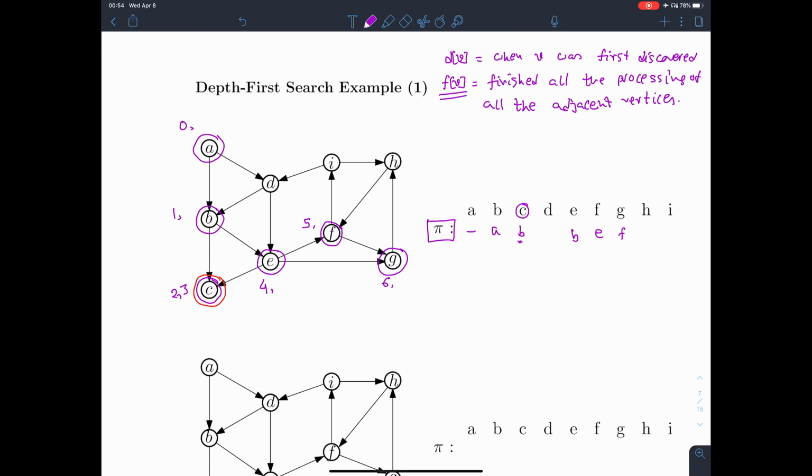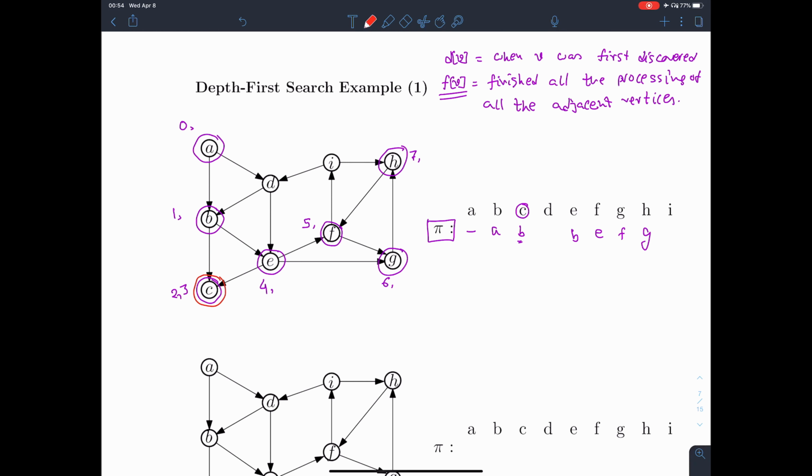Next, we try to find out what are the adjacent vertex of G. We find only one vertex, which is H. That means H is discovered at time 7 and H is discovered through G. We try to find all the adjacent vertex of H. Only one vertex is adjacent to H, that is F, but F is already visited.